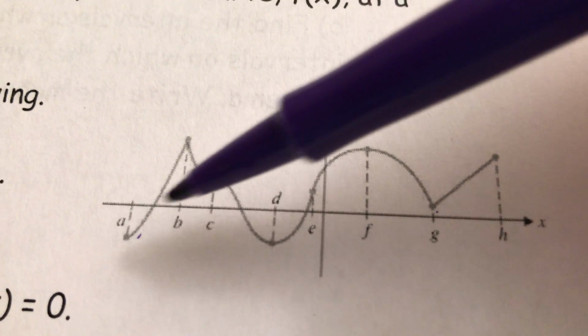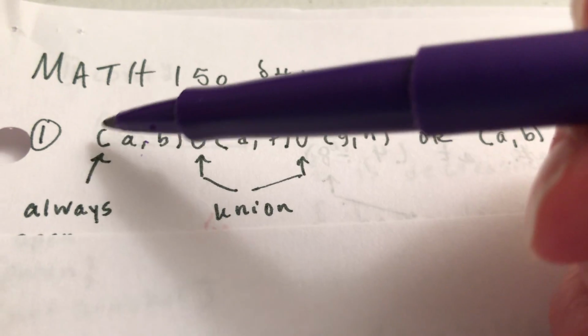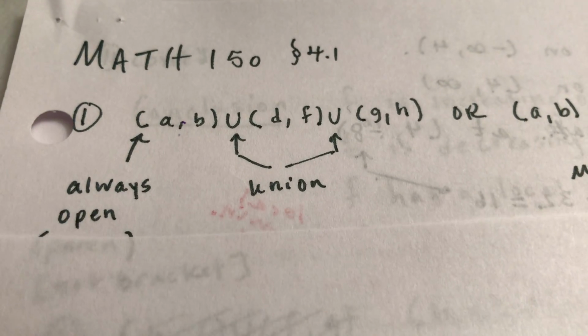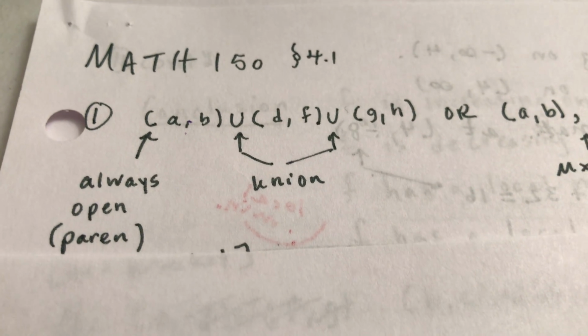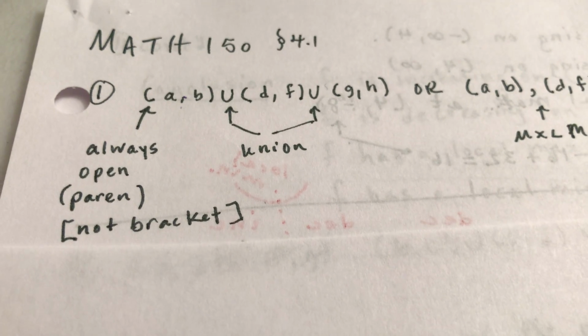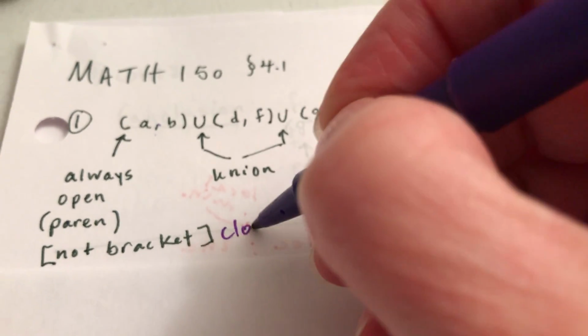So we just go open a to open b. What I mean by open is that it's not increasing or decreasing at that point or at this point. Open is with parentheses, and a bracket means closed.